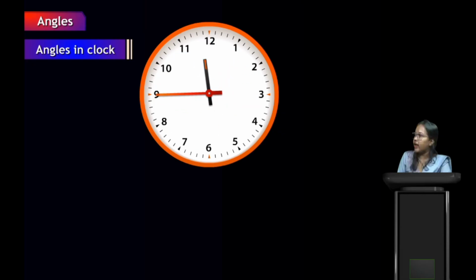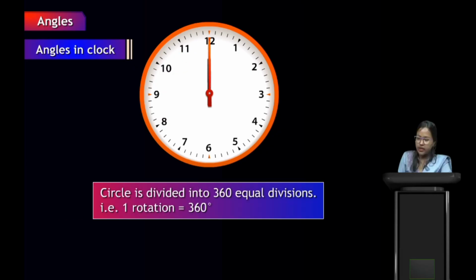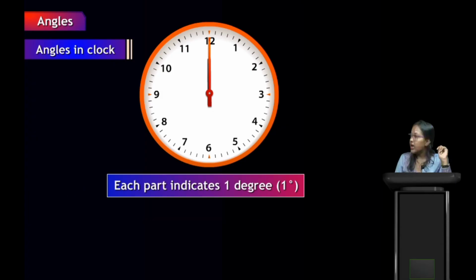So here we are going to see the angles formed by a clock. The circle is divided into 360 equal divisions, because this is a whole circle. So one rotation means how many degrees? Total 360 degrees. Each part indicates 1 degree, and we represent 1 degree as 1, then the degree symbol. Okay, now next.